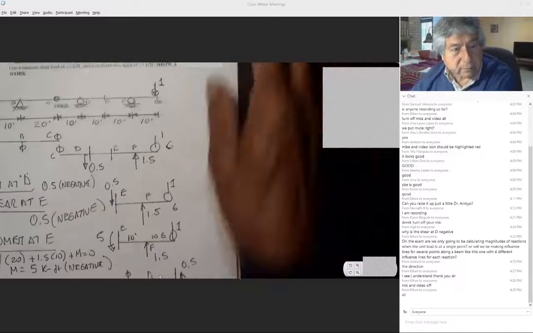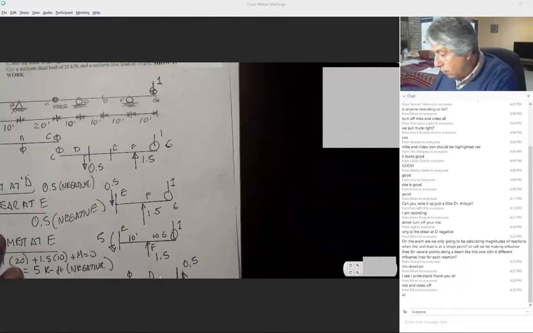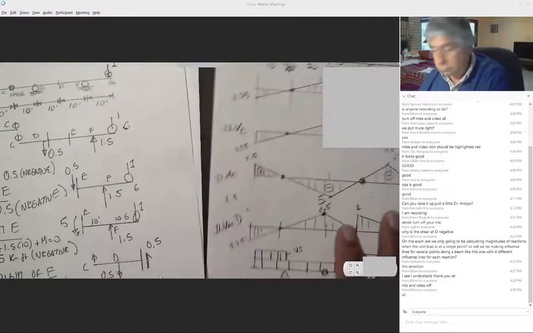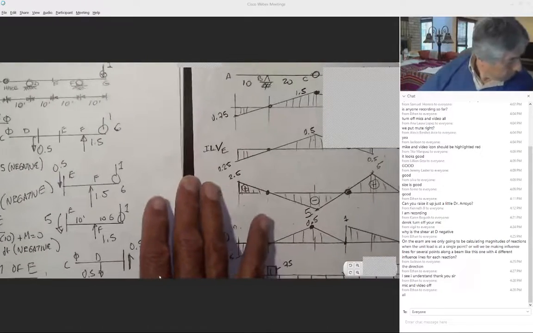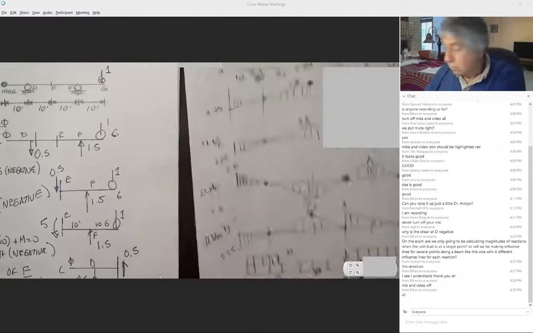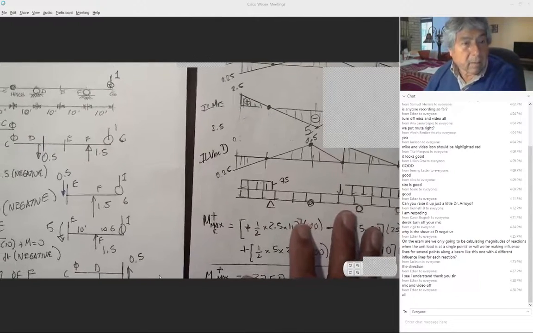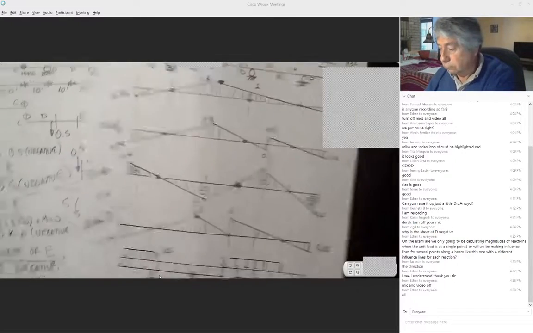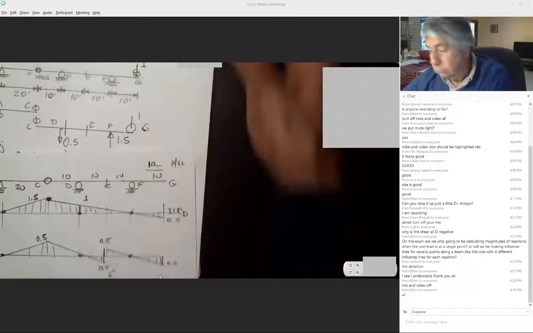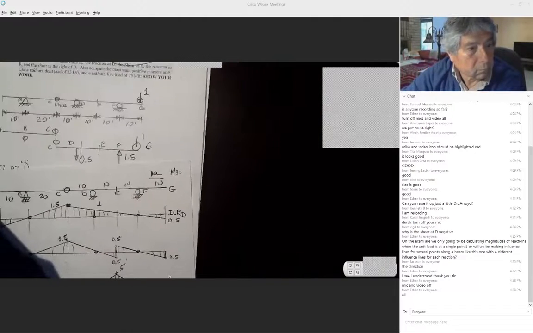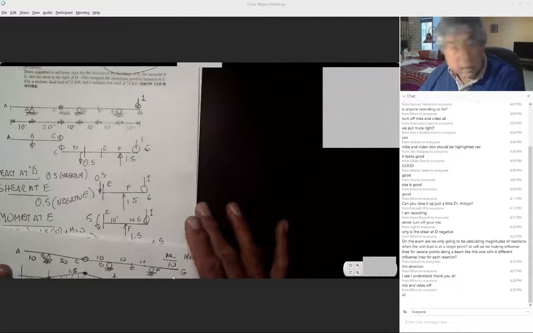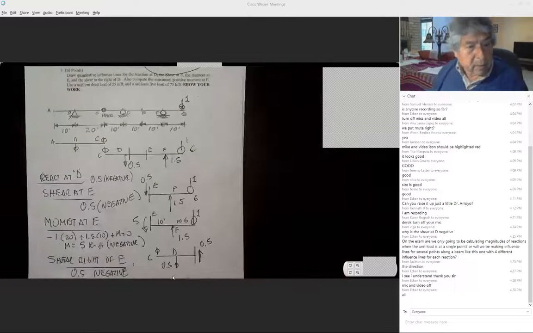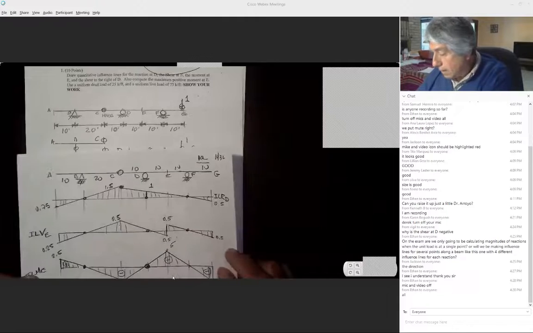So what I did, look at the influence line. The reaction at D is 0.5.